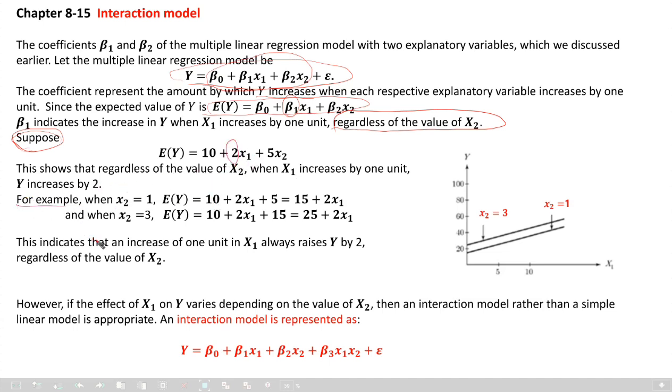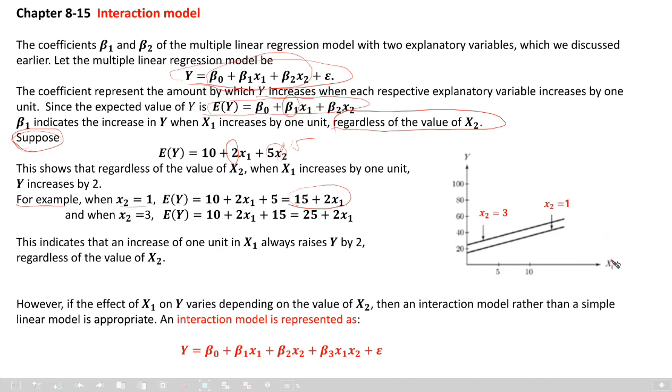For example, when x2 equals 1, substituting 1 here gives 15 plus 2x1. When x2 equals 3, this is going to be 25 plus 2x1.